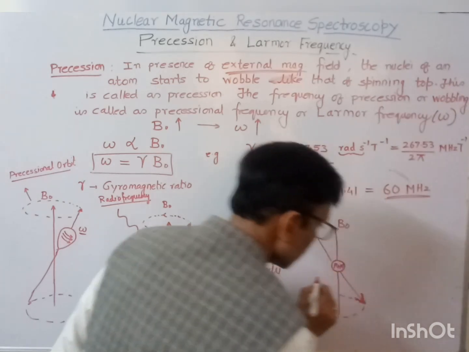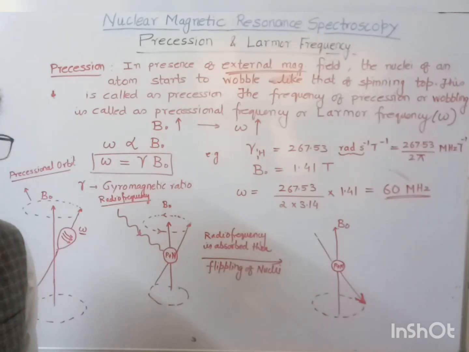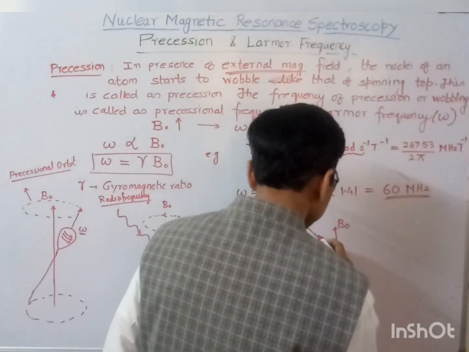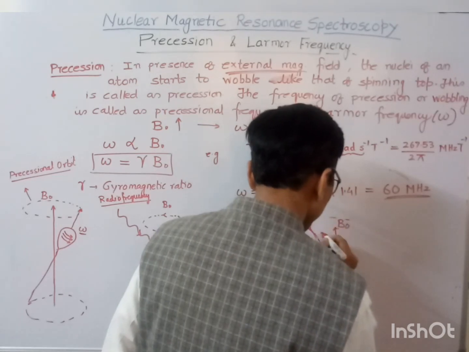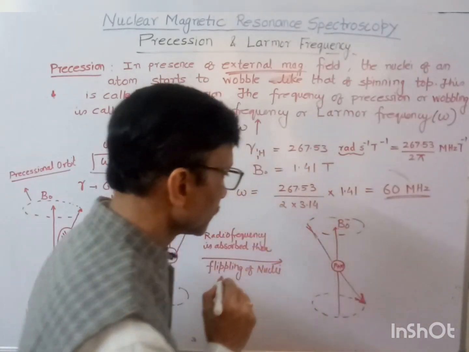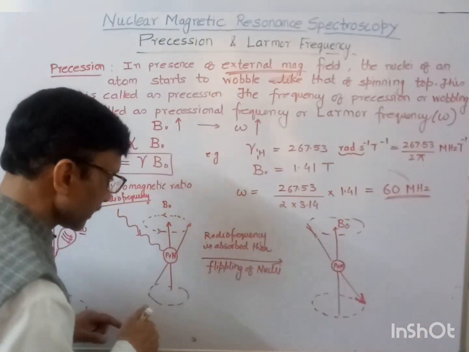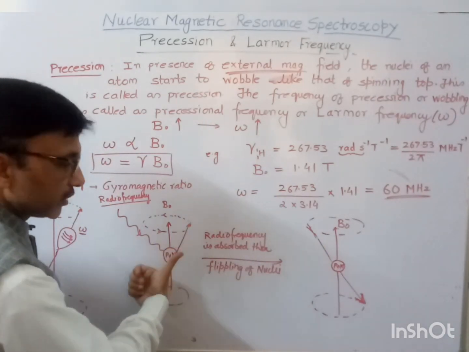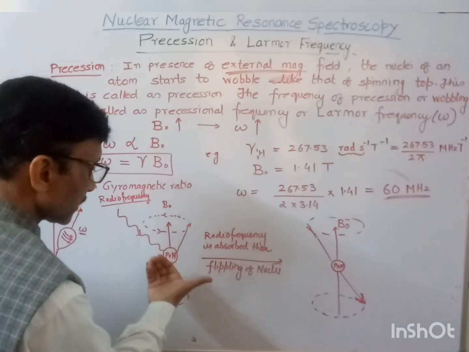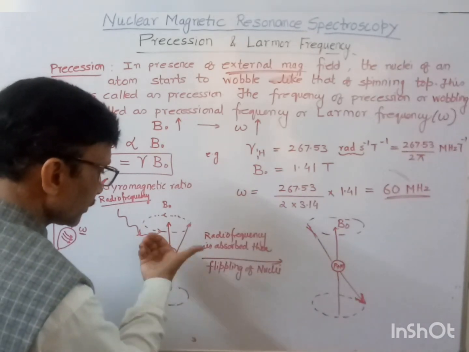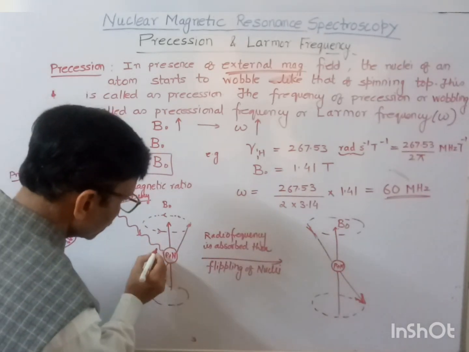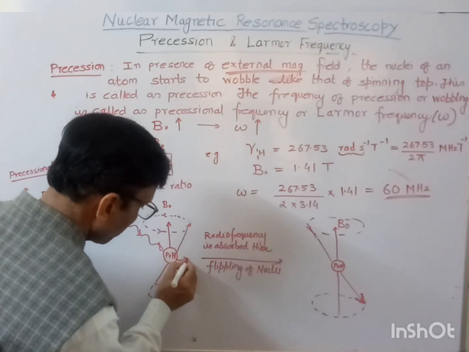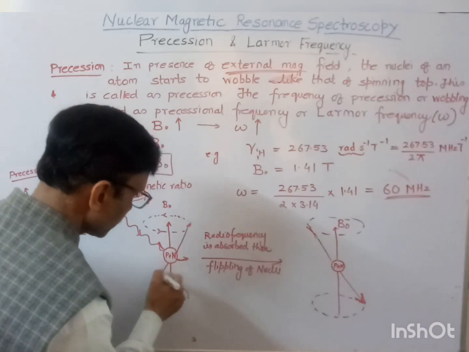Now this is the direction of the nuclei now. Okay, so first, here this is the direction of the magnetic field of the precessional nuclei, and this is the direction of rotation. This is the direction of rotation in this direction.